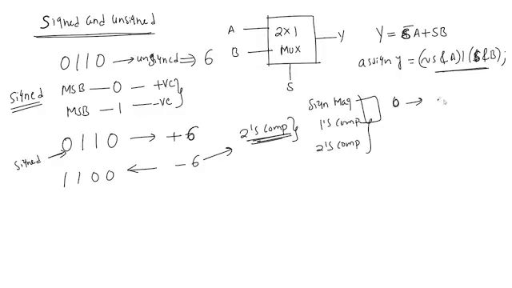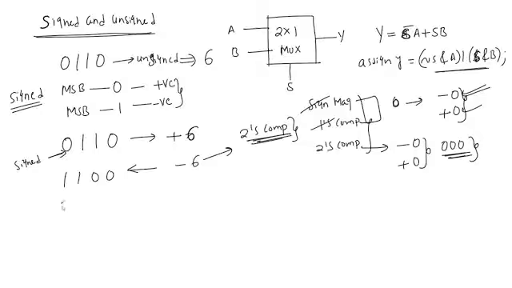In sign magnitude and 1's complement, zero has two representations, -0 and +0. In 2's complement, there is only one representation, 0 0 0 0. Otherwise the compiler or hardware can't decide whether to store 0, -0 or +0.